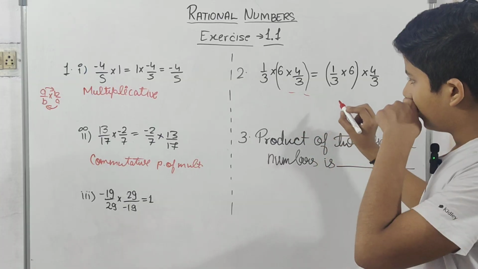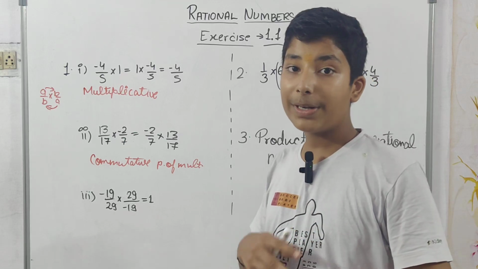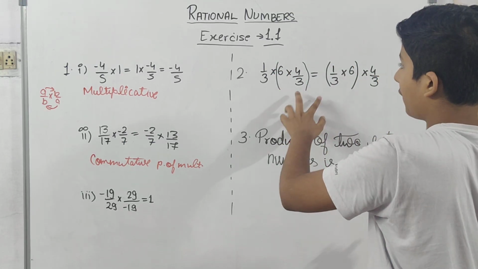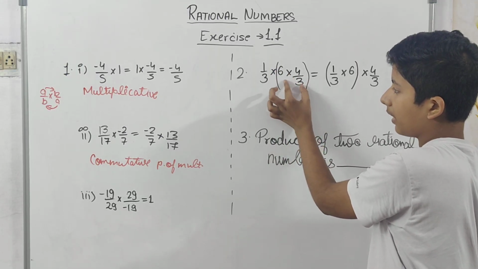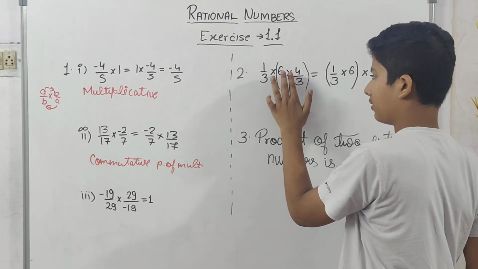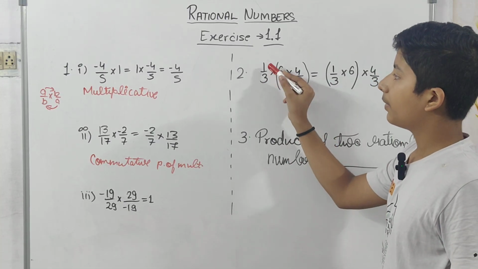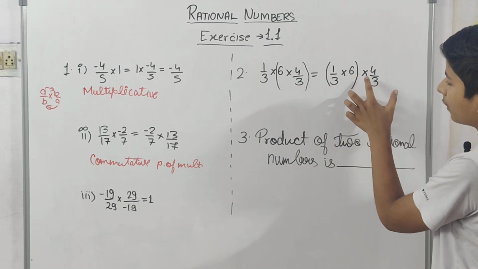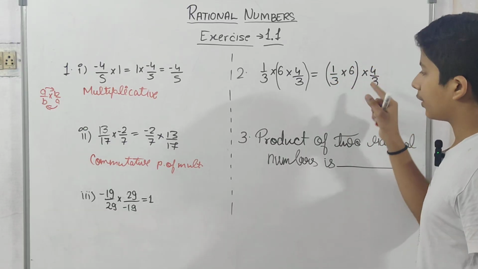Now see this one. This is the second question. It is asking which property allows you to do this. Firstly, the bracket means that first you will have to solve this part, then you will solve this part. Like 6 by 3 into 4, which means cancel out 2, 4, 8, so 1 by 3 into 8, and here 2 into 4 by 3, because 3 into 2 is 6.